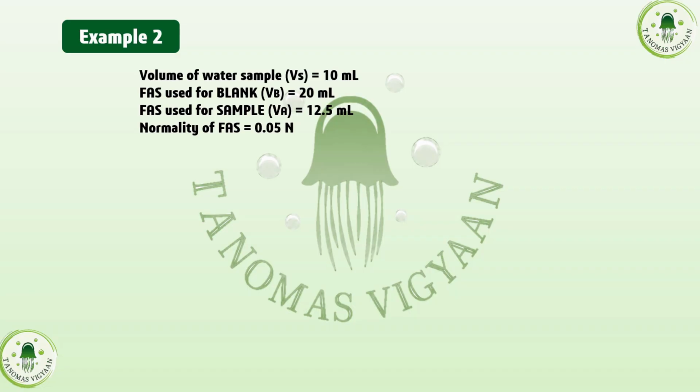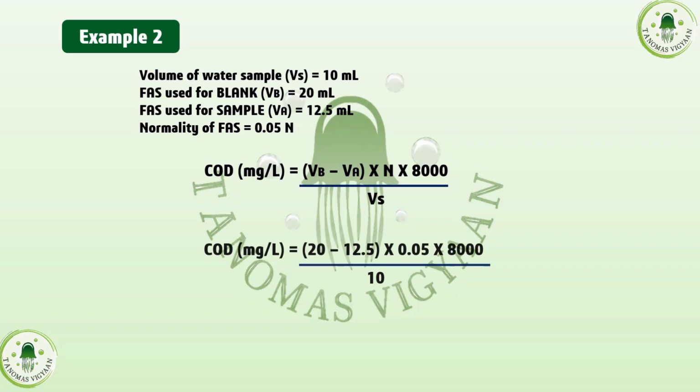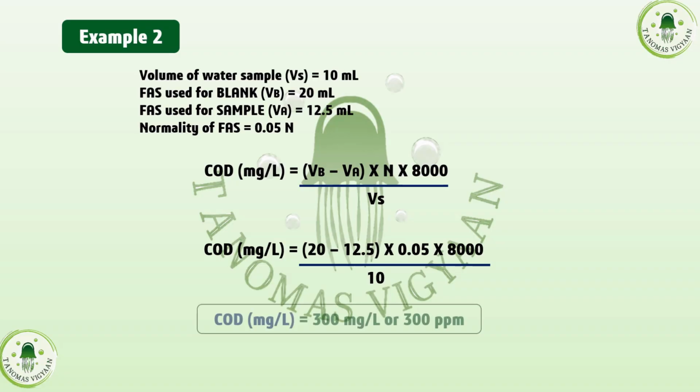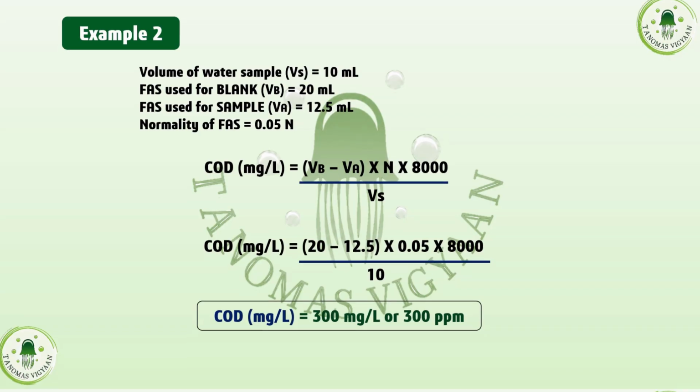Generally we take 0.1 normal, but in case you want to reduce it, suppose that is the need of your experiment, you can reduce it to 0.05 normal also. So here again the formula is like this, and you put all your data over here and you will find the COD. So the COD is equal to 300 mg per liter, or 300 ppm.